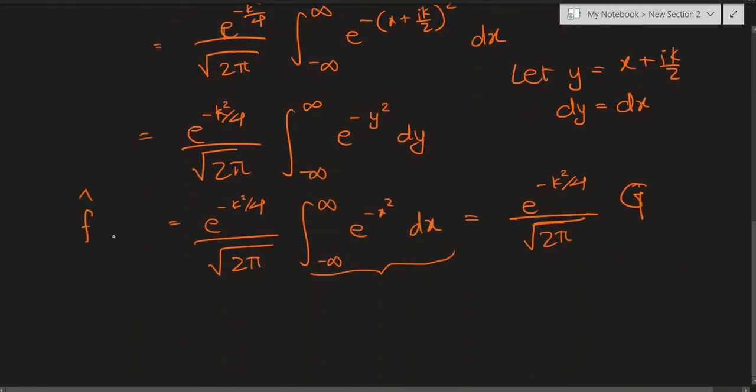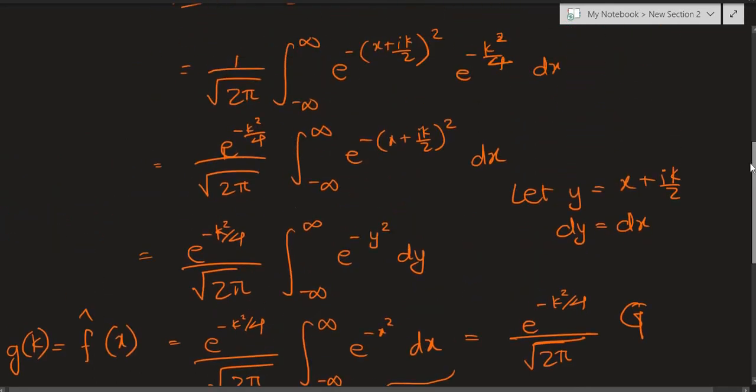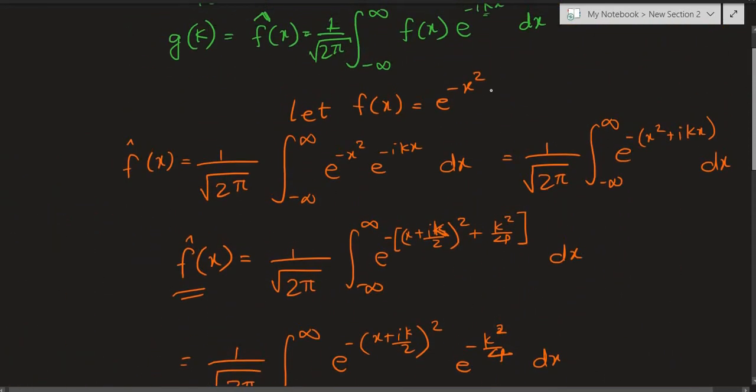And since the Gaussian integral can be treated as a constant and 1 over square root of 2 pi is a constant, this indeed, as I said, is going to be a function of k. Let's call it g of k, and indeed it is, because the Gaussian integral and square root of 2 pi are constants. So indeed this is a function of k. Nice. We successfully calculated the Fourier transform of our selected f of x.